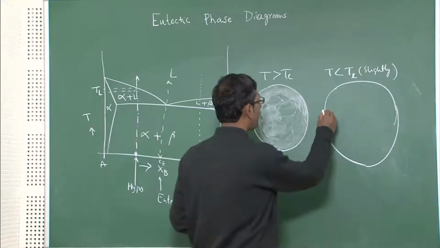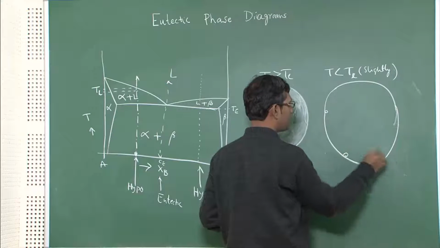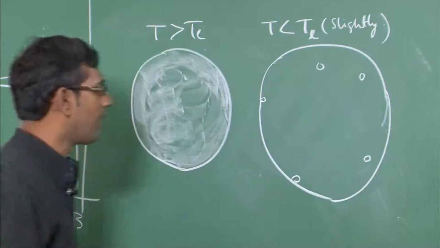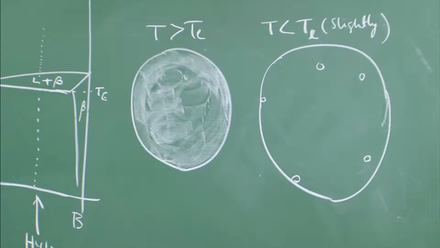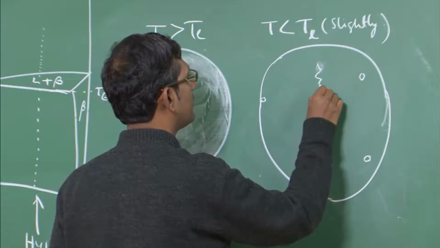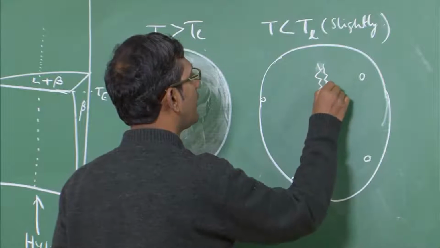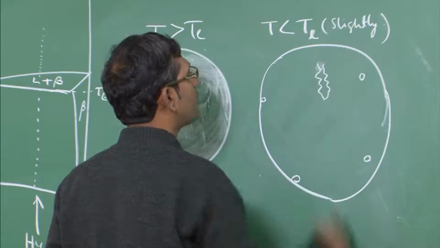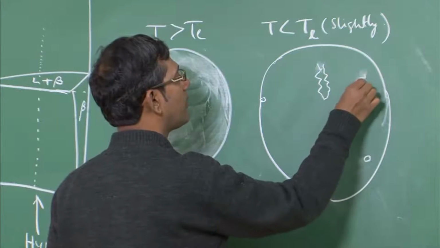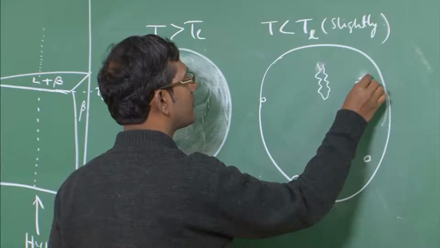So alpha nucleates at different positions in the liquid, because obviously not one alpha will nucleate, many will, and these alpha crystals will grow like a dendrite. Why will they grow like a dendrite? That is because this is the most common structure which forms in a solidified product, a tree-like structure.